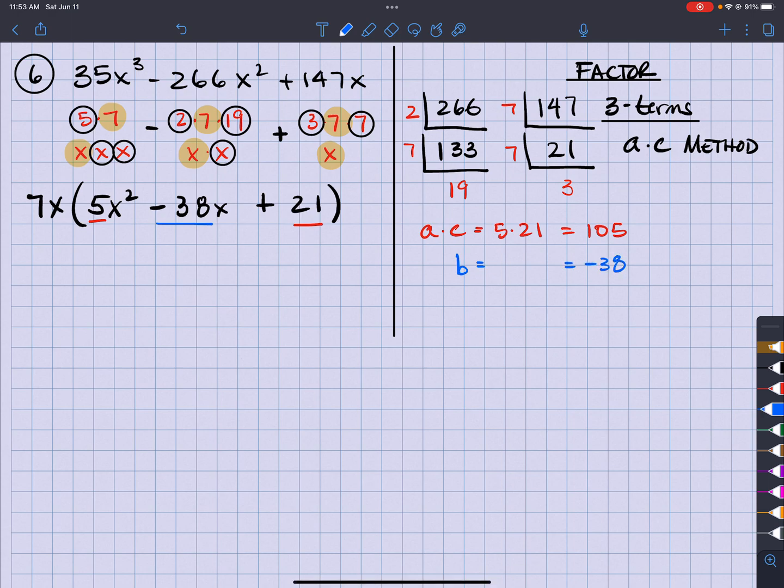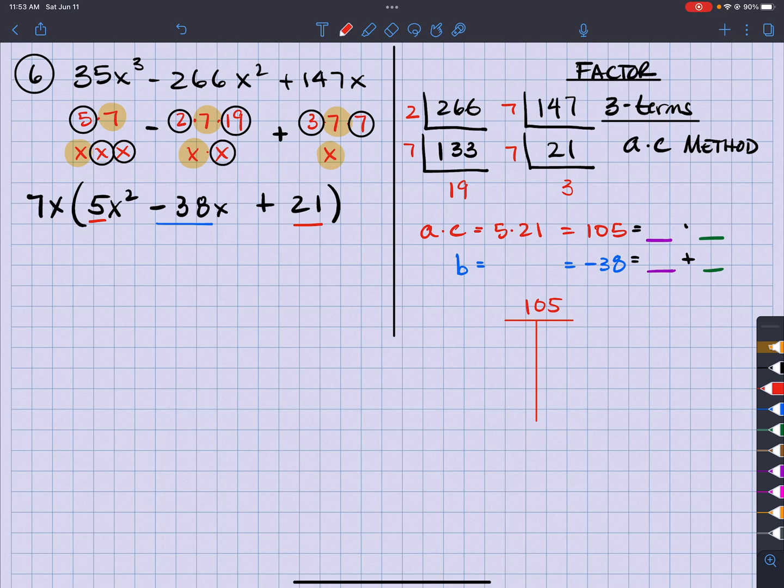So I need to find my 2 numbers. So when I multiply them, I'll get 105. When I add them, I'll get negative 38. So again, this is kind of hard, so I'm just going to take the 105, and I'm going to go ahead and split this apart like so.